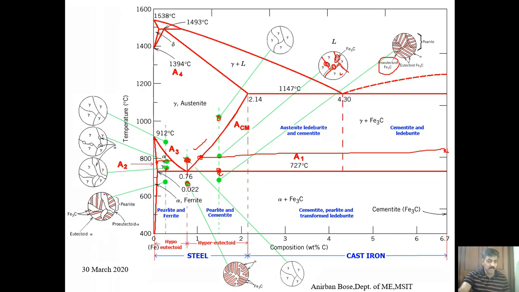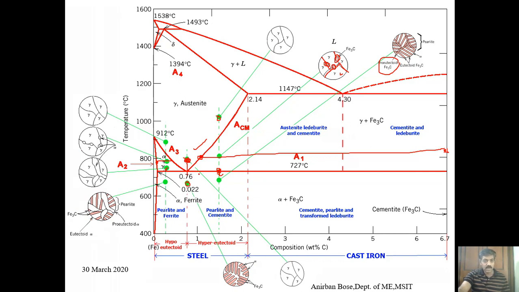So some pro-eutectoid alpha phase or ferrite phase will be there, and the remaining austenite will be converted into pearlite. So pearlite will be there, and some pro-eutectoid alpha ferrite will be present. Okay, we'll see it in more detail in the next slide.